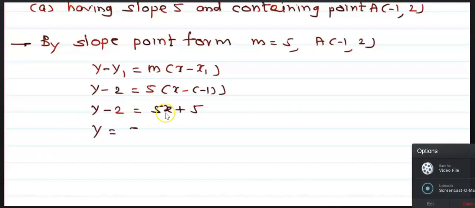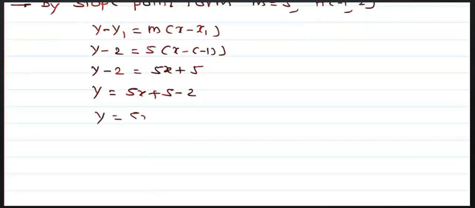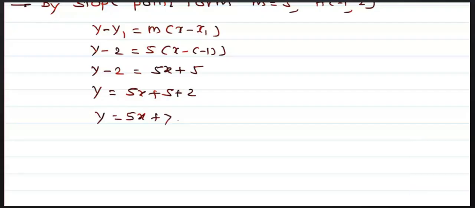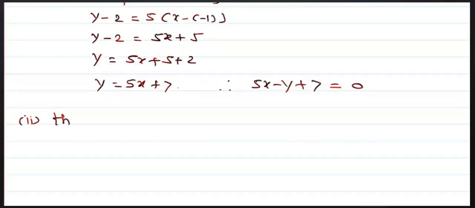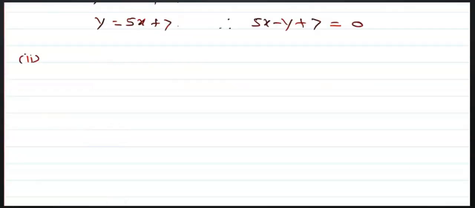Therefore, y minus 2 is equal to 5x plus 5, that is y is equal to 5x plus 7, that is 5x minus y plus 7 is equal to 0. This is the required line.